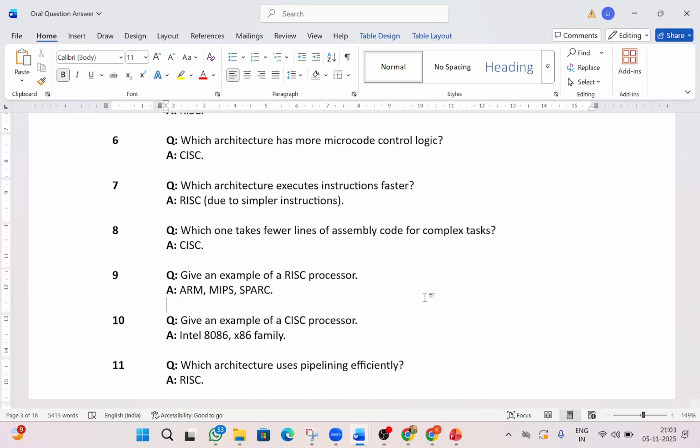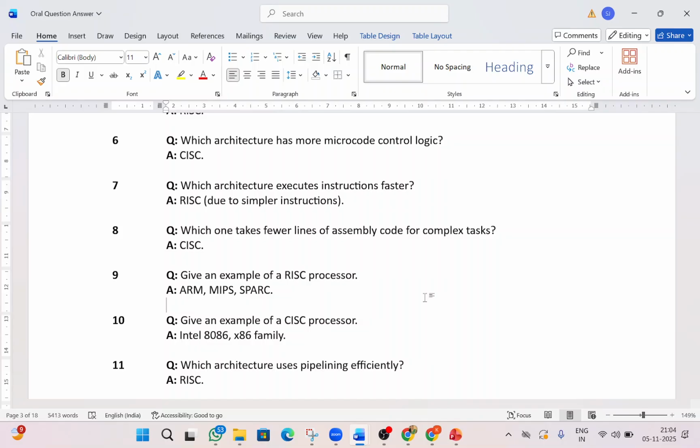Next question: which architecture executes instructions faster? That is RISC. Why? In RISC, each instruction is small and executes in one clock cycle, so it is faster.